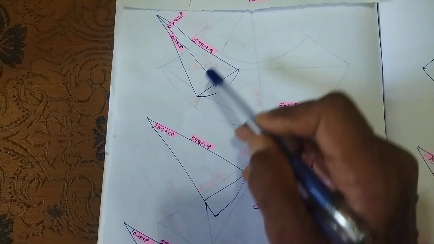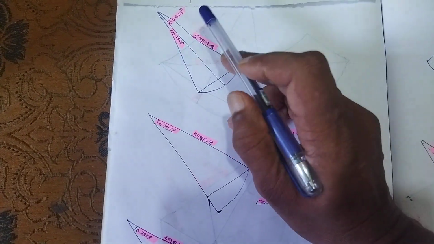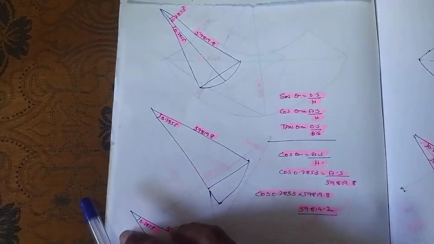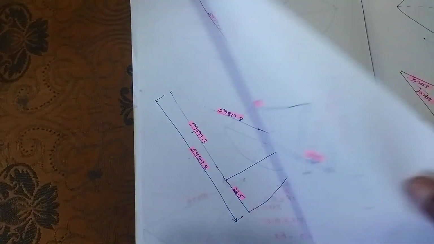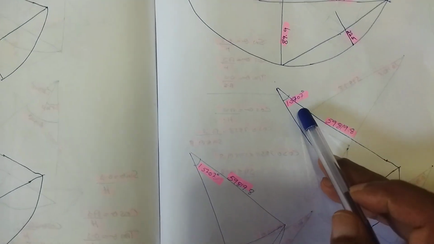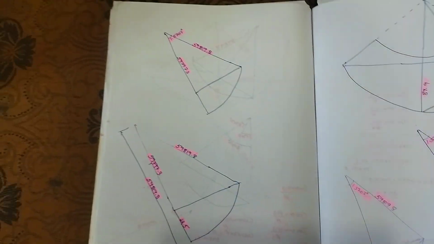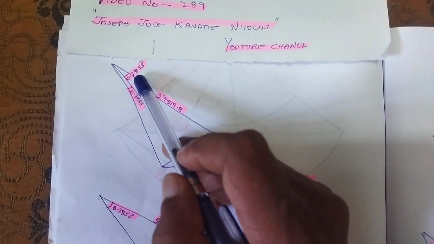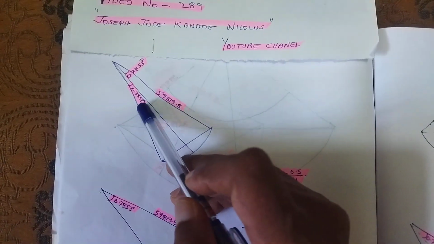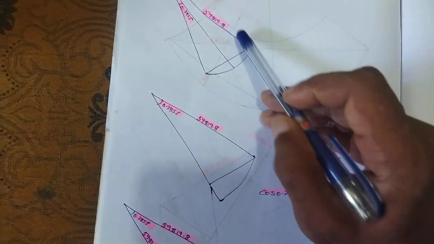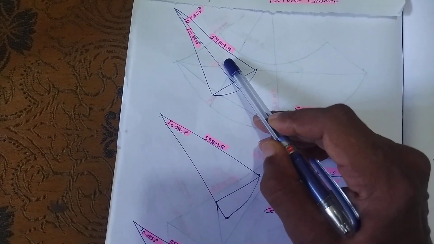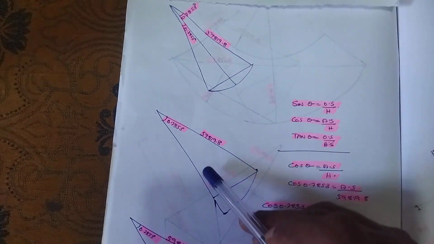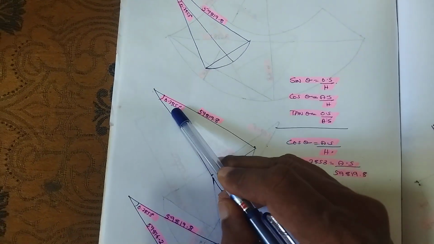How did we get it? Total angle is 1 point something, 1.5707. We divided it by 2. Then we got 0.7853 as one half portion and 0.7853 as the other half portion. This triangle I just drew to here, 0.7853.